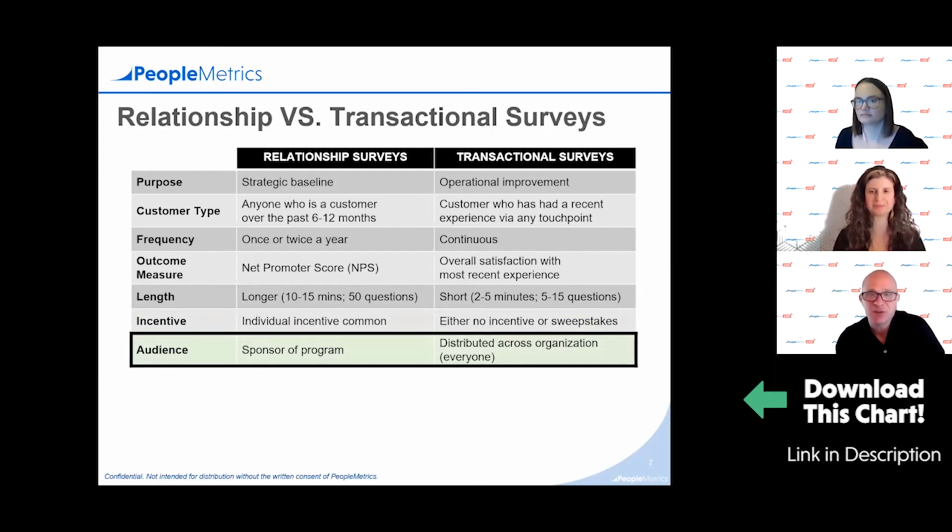Whereas transactional surveys, everybody who is responsible for a customer or customers gets access to the data through software platforms like PeopleMetrics, and they can log in and see what was their customer's experience yesterday, and were there any problems, and do I need to follow up on them, and how can I resolve it? And so transactional surveys are operational in every sense, including they get distributed to the entire organization or anyone within the organization that needs to see that information.